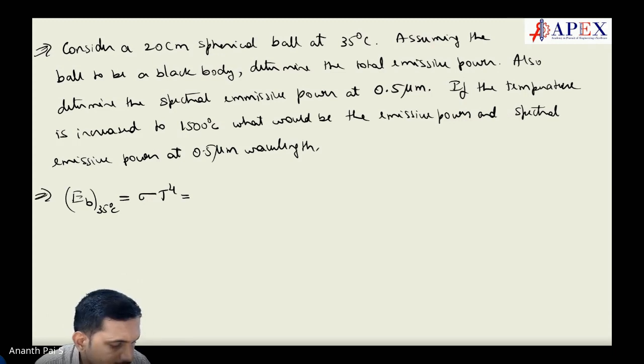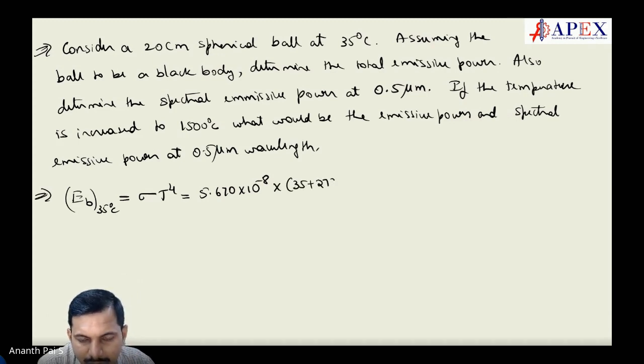Sigma is 5.67 into 10 power minus 8. Remember this, students, into temperature 35 plus 273.15 raised to 4. That's the answer you get, you tell me. This is just to give you an idea.